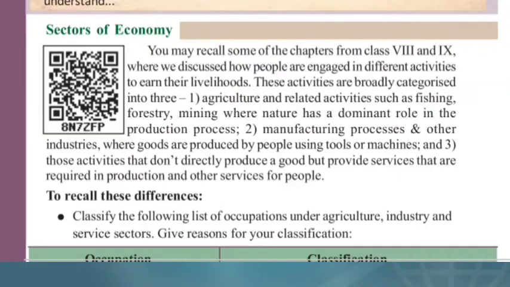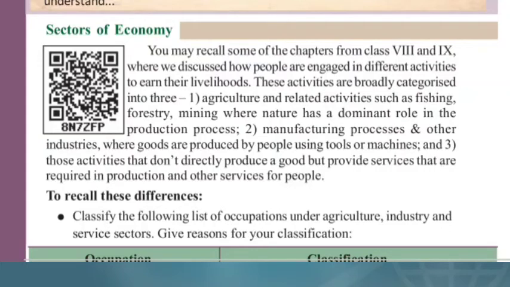Understand? In this service sector, they do not produce any goods but provide services which are used in the production process. There are different kinds of services. Without this sector, there are no other sectors.